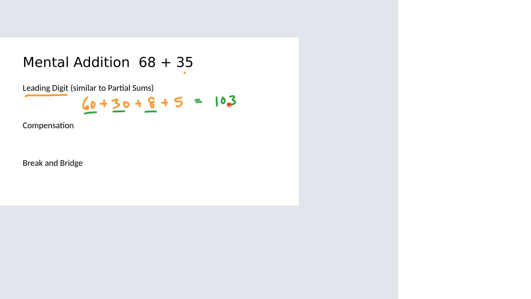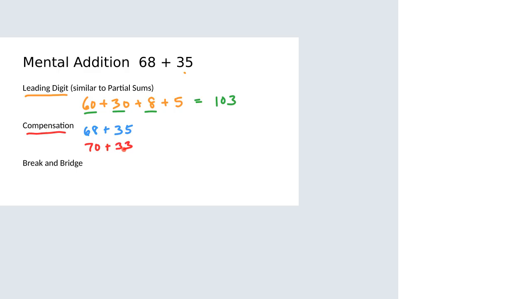Another approach to mental addition is called compensation. This one's kind of cool because it leads into what we're going to do, solving equations way down the road with kids. But the idea is we start out with 68 plus 35 and we think, okay, well, I can't do that in my head, but I can make this 68 bigger by 2 as long as I compensate by making the 35 smaller by 2.